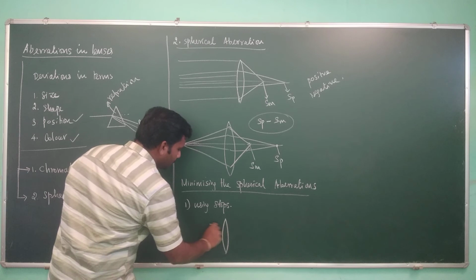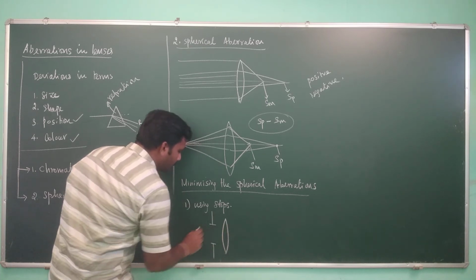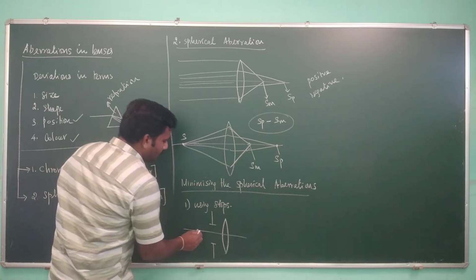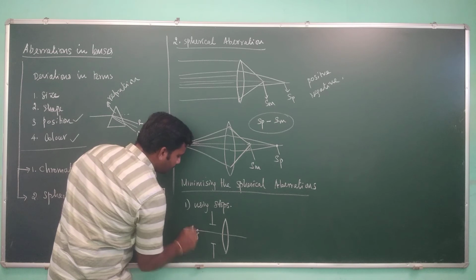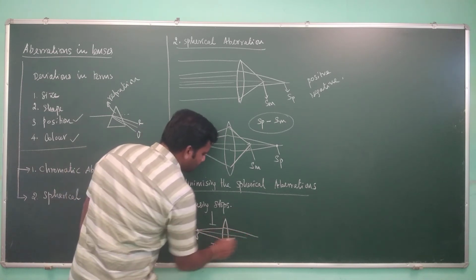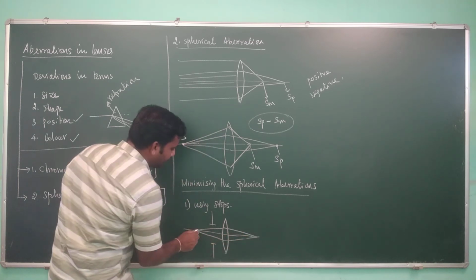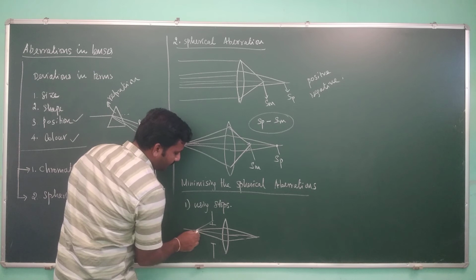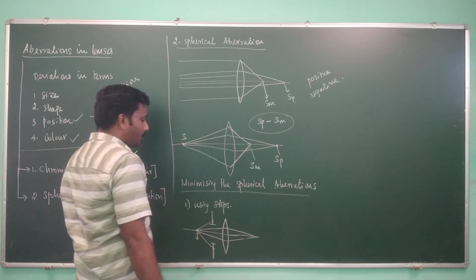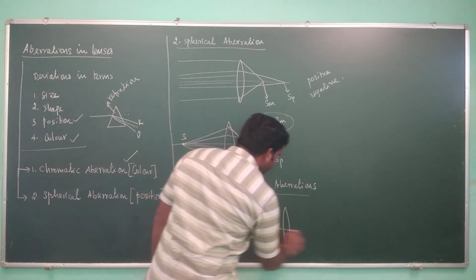So you open only this position, you block all the above position, right? So what will happen if there is a point object here, only these paraxial rays will enter the lens system, the remaining will not enter. That is, the rays going towards the margin will be blocked at this point, blocked by the stops. Suppose if I want only marginal rays, what can I do?